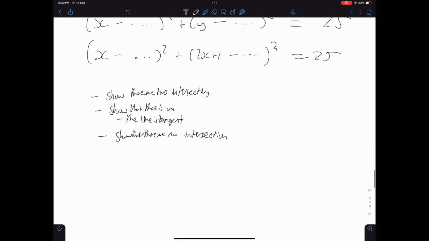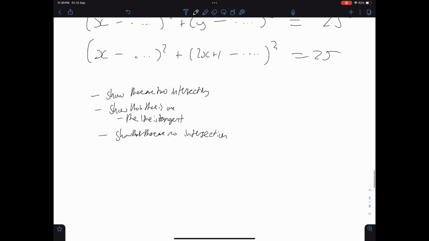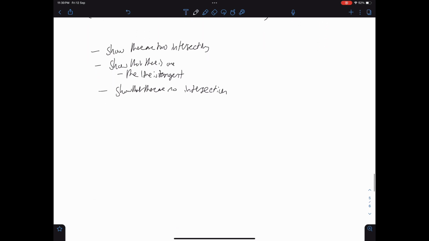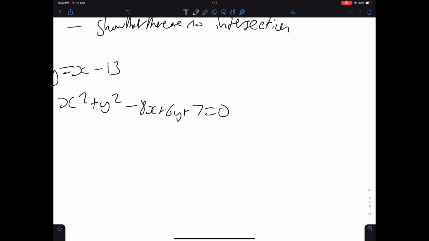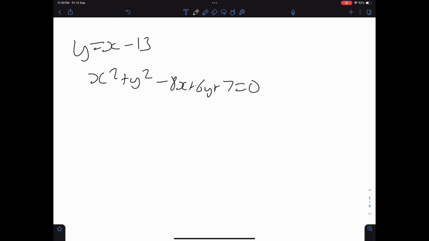So, for example, if we have a look here, y equals x minus 13, and x squared plus y squared minus 8x plus 6y plus 7 equals 0. And we want to see if line L is tangent.